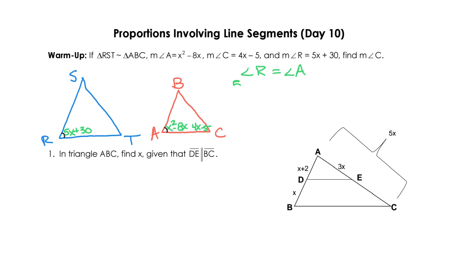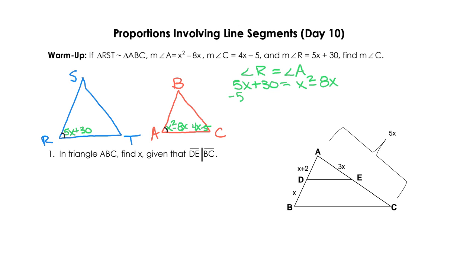So I'm going to take the 5x plus 30 for angle R and set it equal to angle A, which is x squared minus 8x. And I also know that that squared term means I'm going to have two answers, and that I'm not going to get the two answers unless I do something called factoring, and I can't factor unless I'm equal to 0.